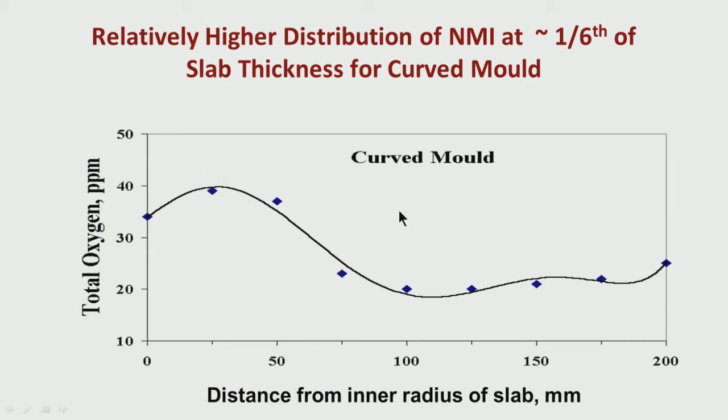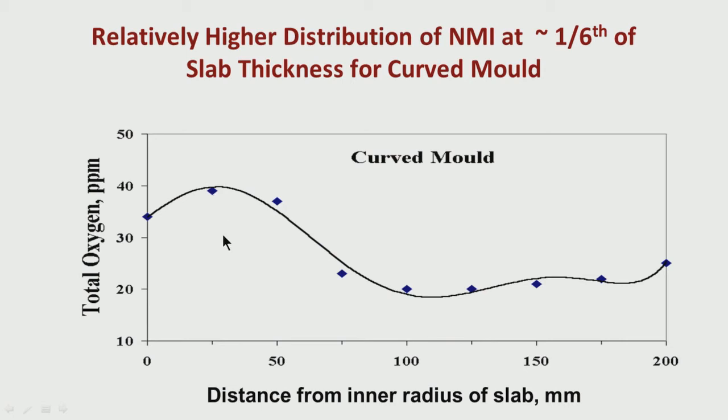Whenever you are rolling that slab, this surface at the inner radius will have more defects. More defects will be exposed when you are doing hot rolling or finally cold rolling of these slabs.